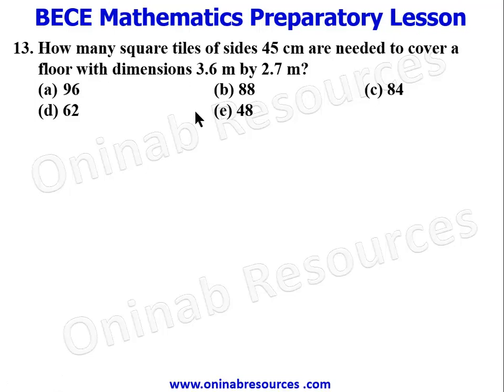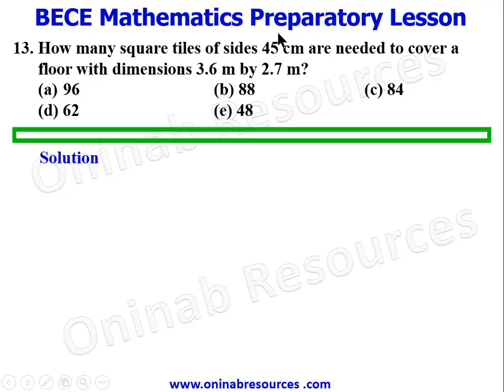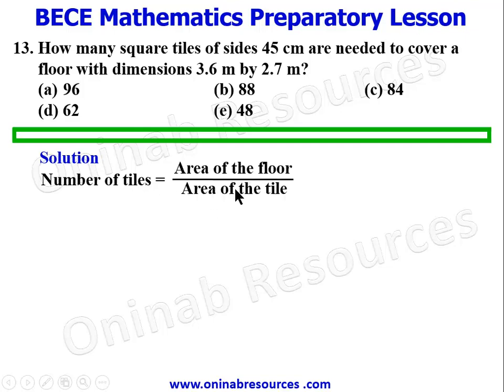To find the solution to this problem, we have to find the area of the floor and the area of a tile, so that when we divide, we know the number of tiles that will be sufficient to cover the floor. So the number of tiles will be area of the floor over area of the tile.